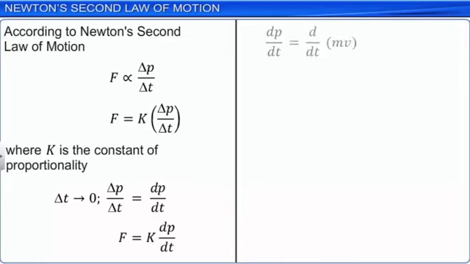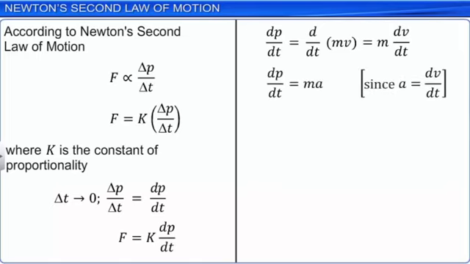Substituting p equals mv in dp by dt, we get dp by dt equal to m dv by dt, or ma, since acceleration a is the rate of change of velocity v. Therefore, F equals kma, which defines Newton's second law of motion.